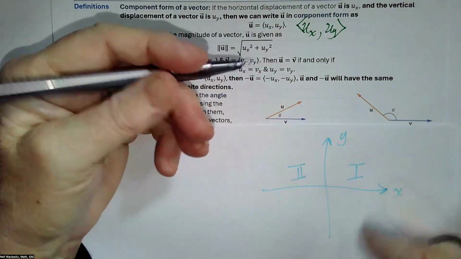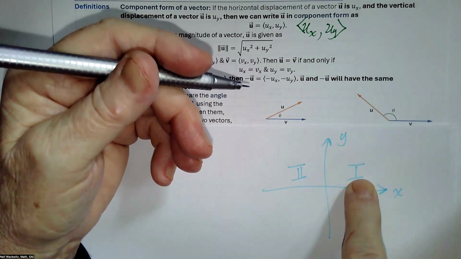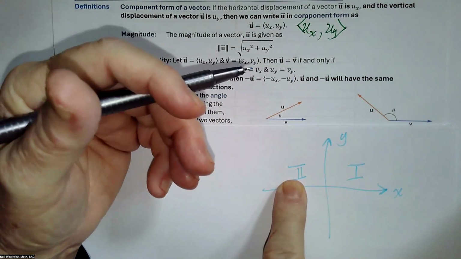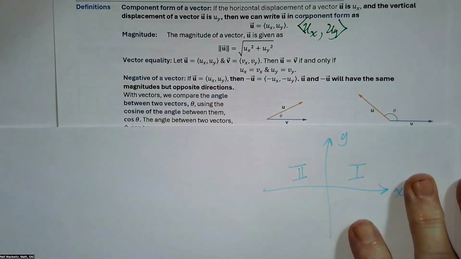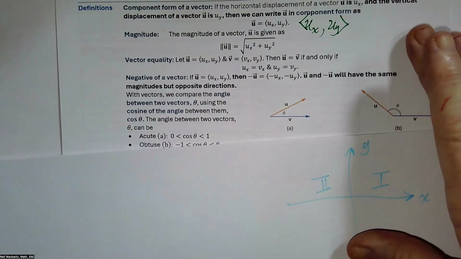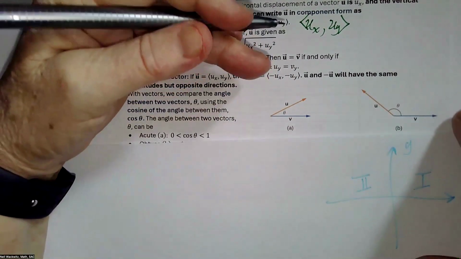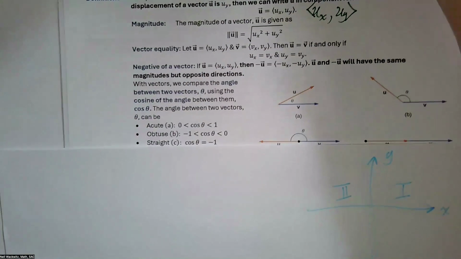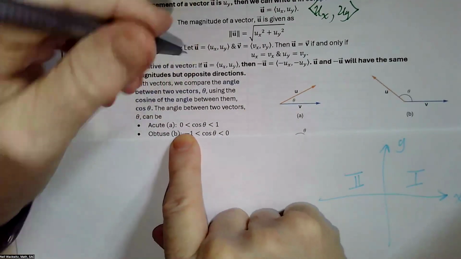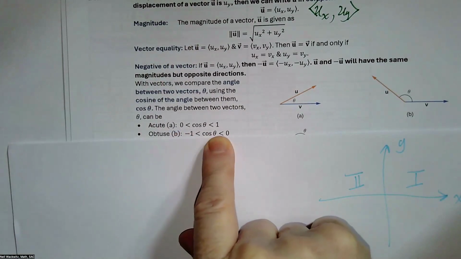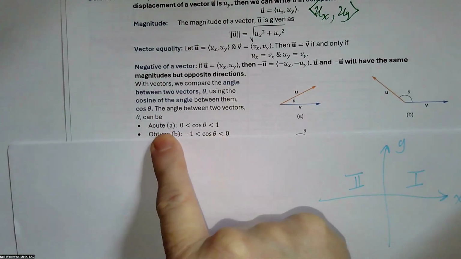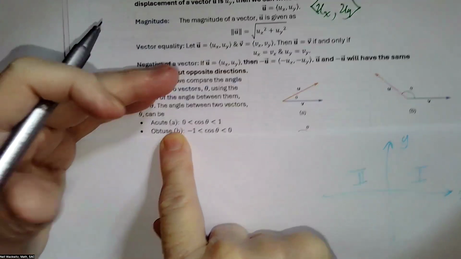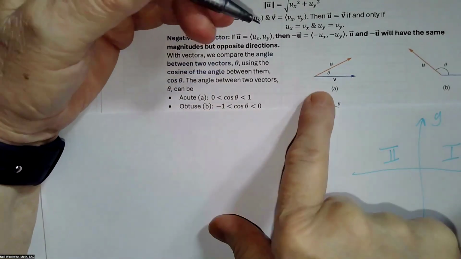They're both positive, but for cosines, we get a positive and a negative. So if the cosine is between 0 and 1, the angle between the two vectors is acute.